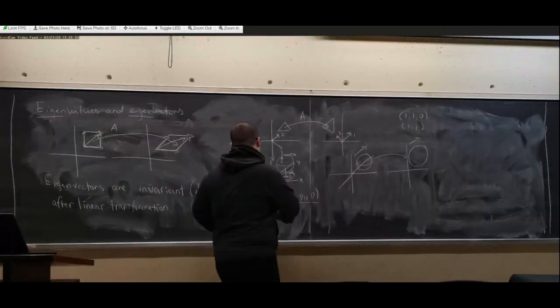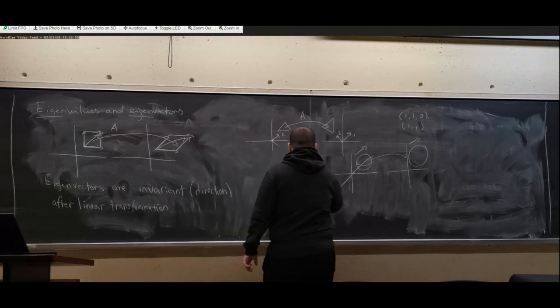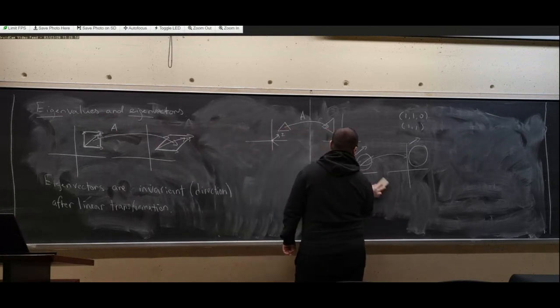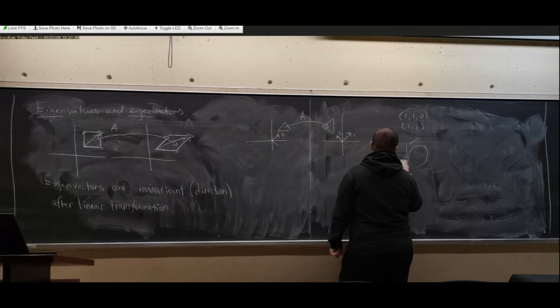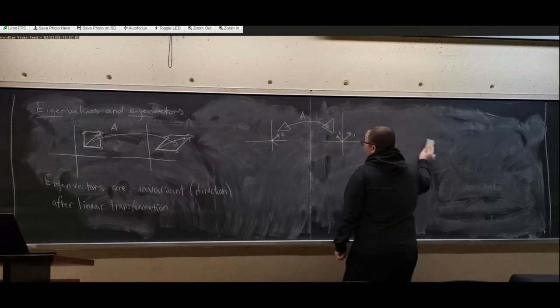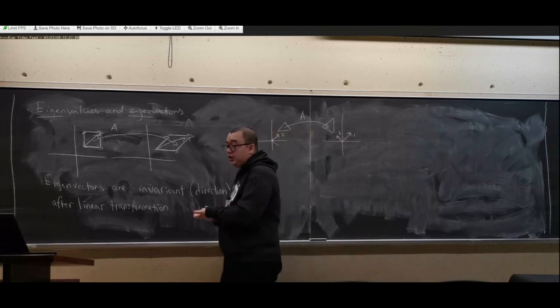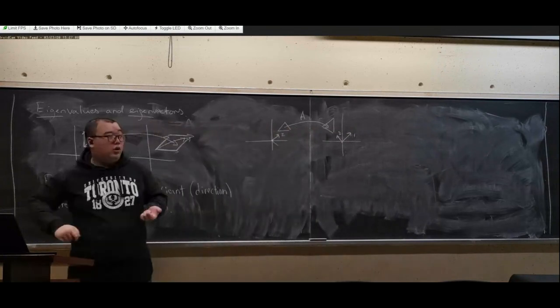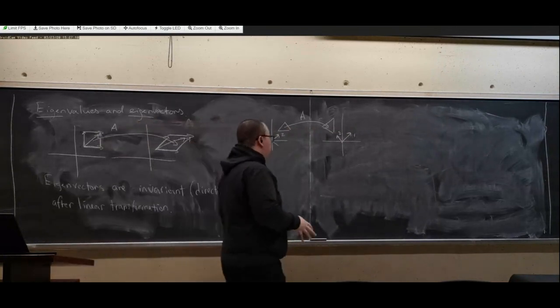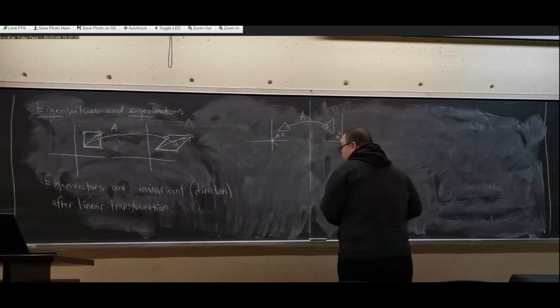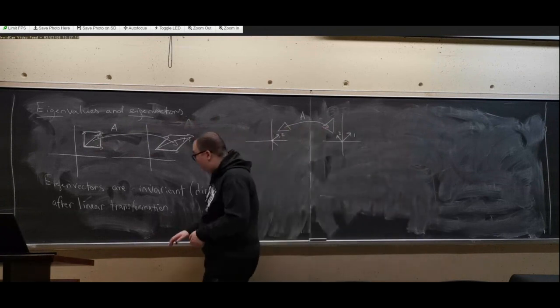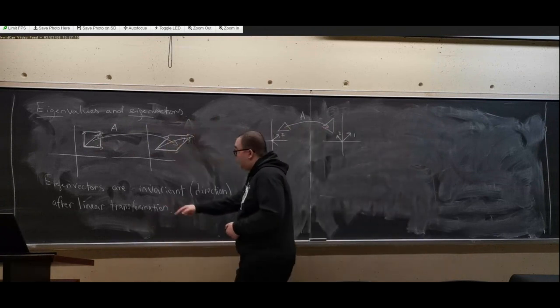Okay. So how do we compute eigenvectors? Well, based on our intuition, what does it mean when we talk about eigenvectors? We're talking about eigenvectors such that after a linear transformation, the direction does not change.